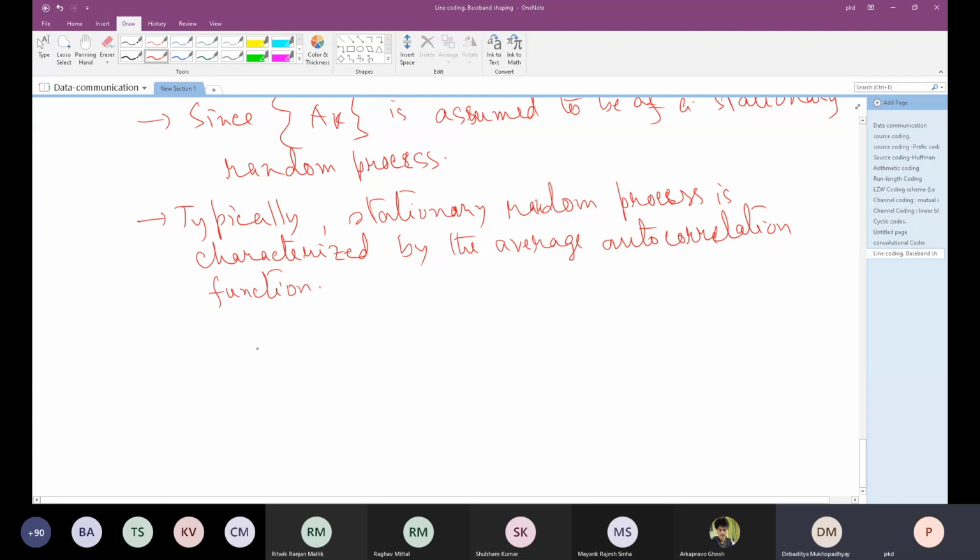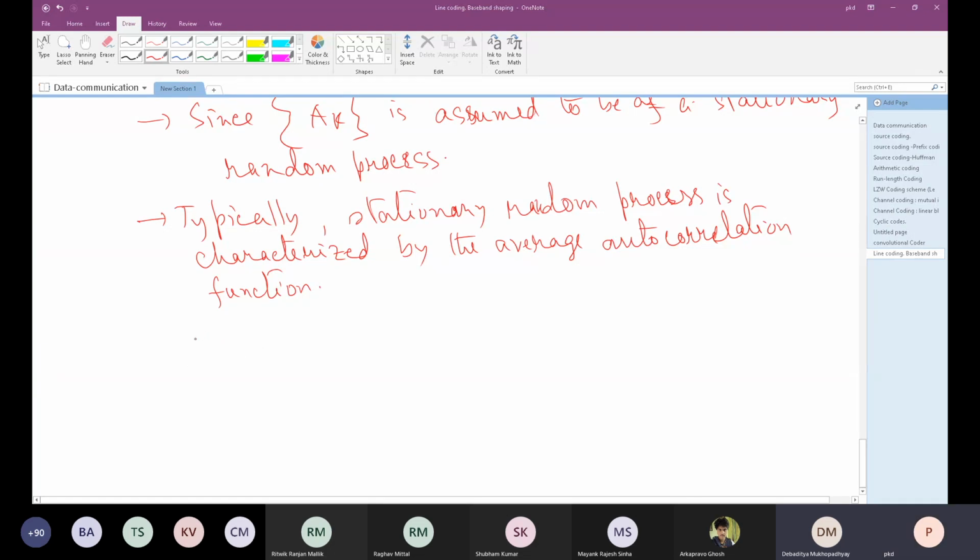Because it is random, however, we have to take the expectation of the autocorrelation.